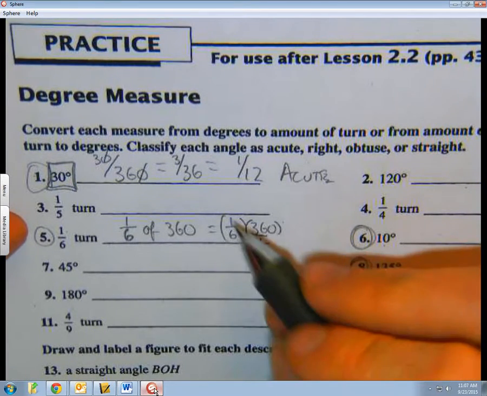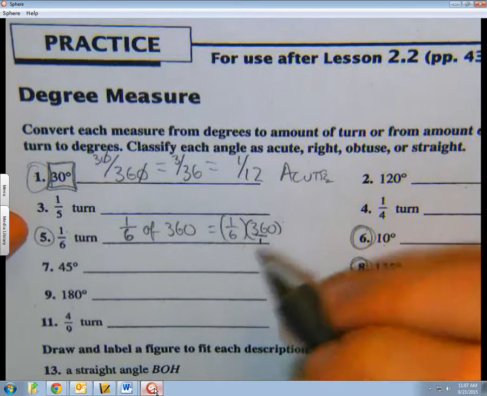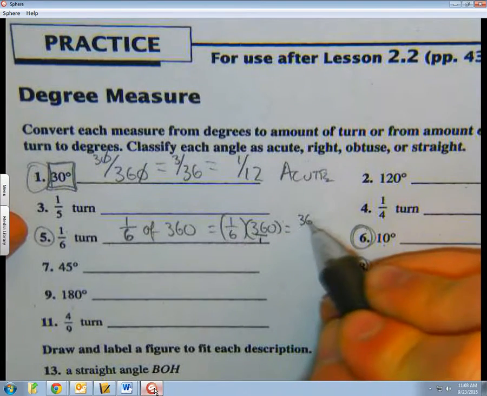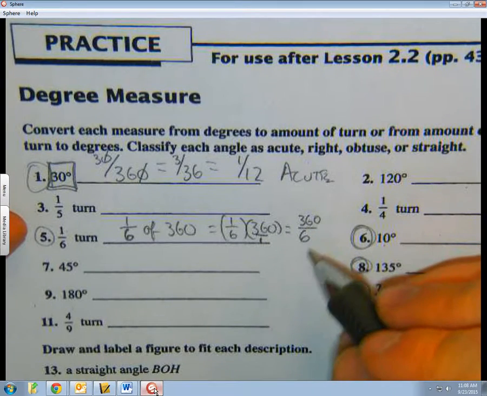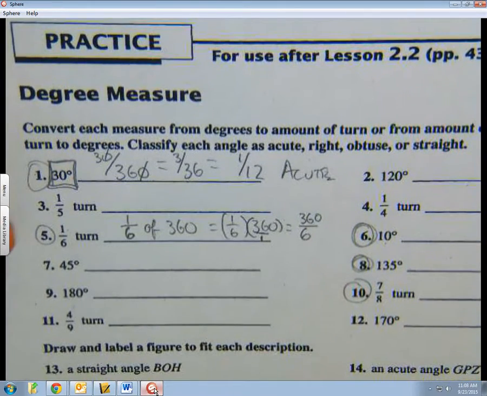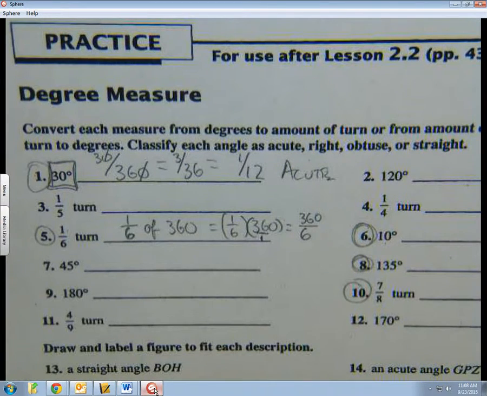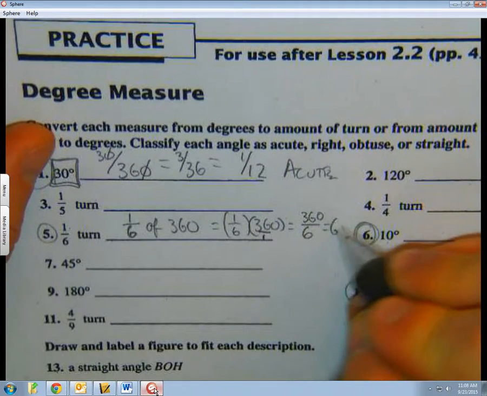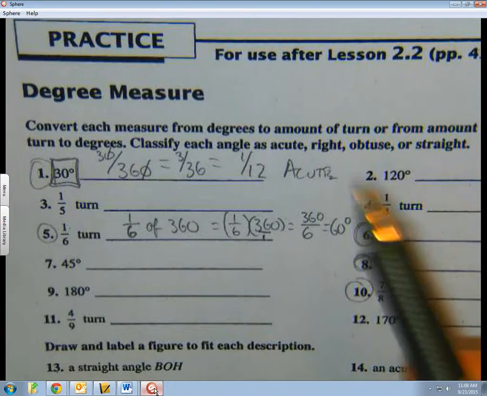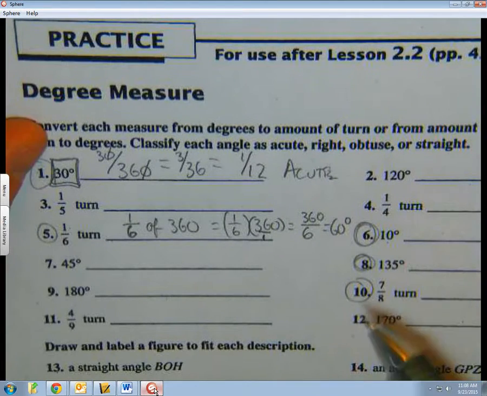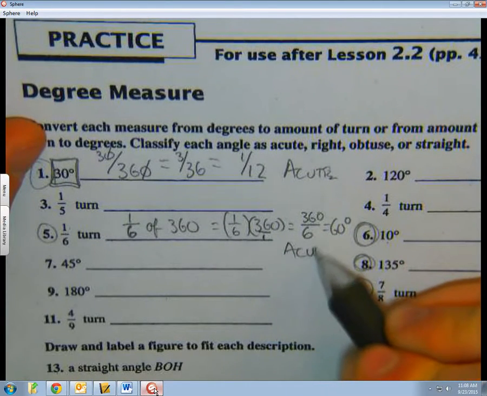So when you multiply straight across, you get 360 over 6. And 6 goes into 360 60 times. So that is 60 degrees. And again, referencing acute, right, obtuse, straight, it is acute.